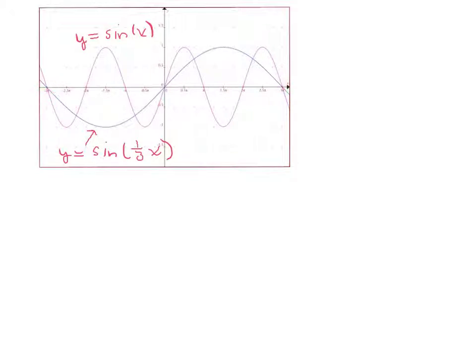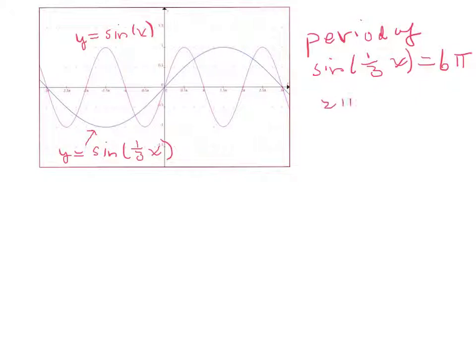And so what we recognize is that the period of sine of 1/3 x is 6 pi. And that's really the same as 2 pi divided by 1/3.